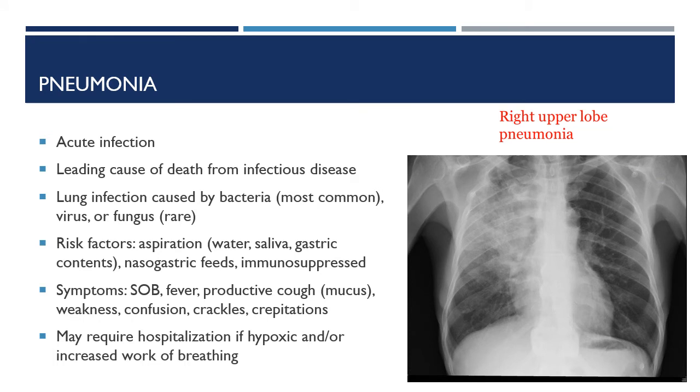Okay, what's pneumonia? So pneumonia is an acute lung infection, and it's a very common cause of death from an infectious disease, right? And lung infections can be caused by bacteria or viruses, or very rarely fungal infections if you're immunosuppressed. So the vast majority are bacterial or viral.